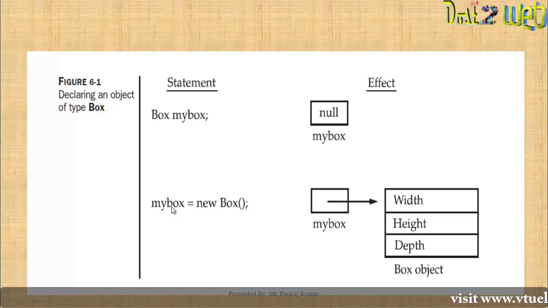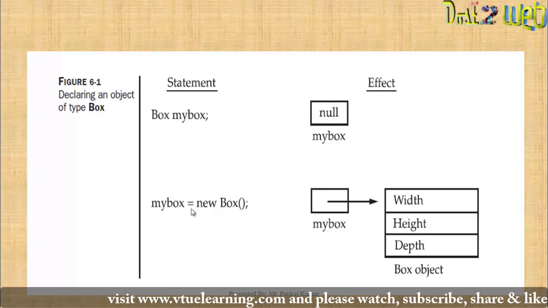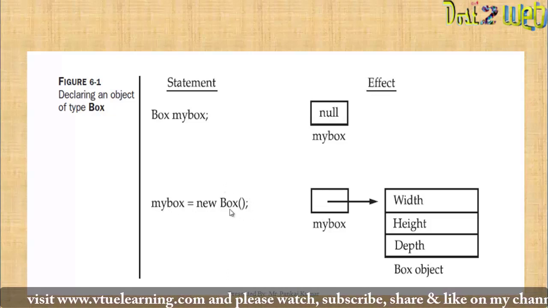The moment you define myBox is equal to, that is your reference class variable, or you can say reference variable, or object name, is equal to the new operator and your class name, what happens in memory is that it dynamically allocates myBox, and myBox is a reference to the Box's instance variables.